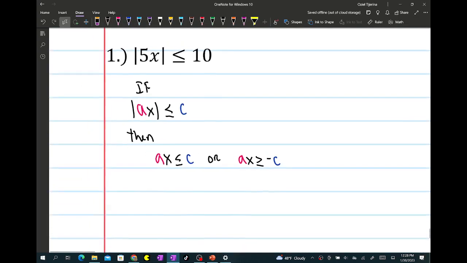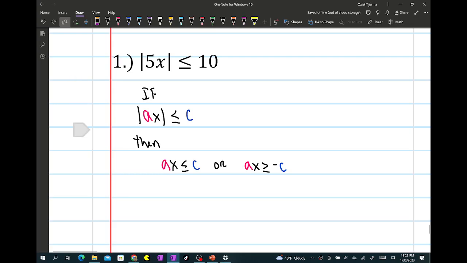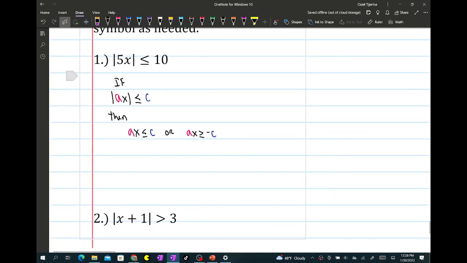So this is the rule about how to do this, right?